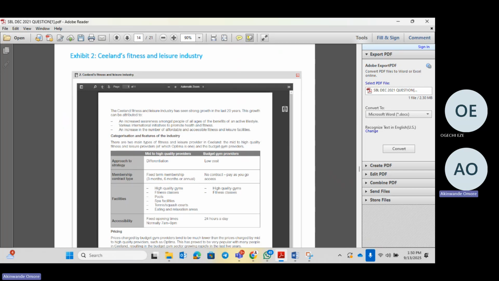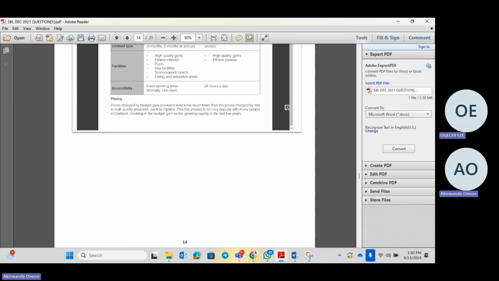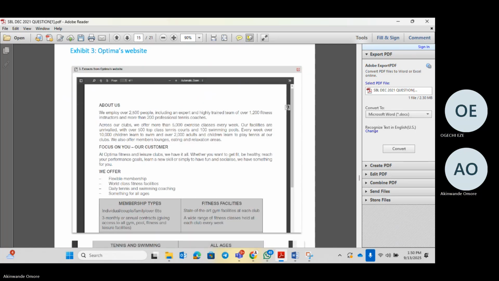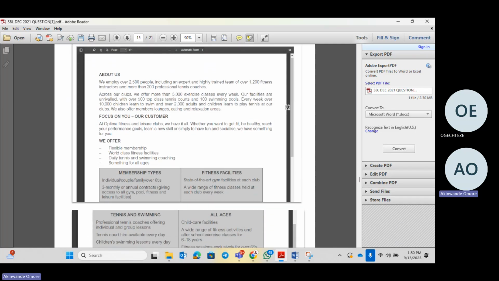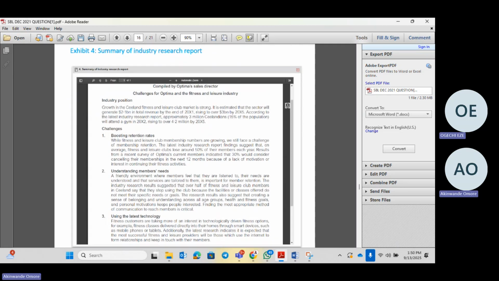They're not looking at the issue of the segment of the market, right? Then look at exhibit 3, on Optima's website, telling us about them. Then look at exhibit 4. So which of the exhibits do you want to use? Do you think it's applicable for this?